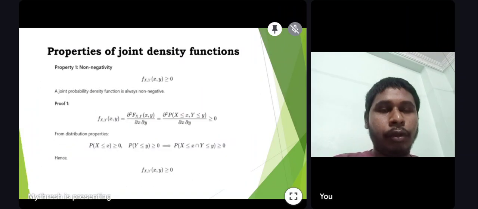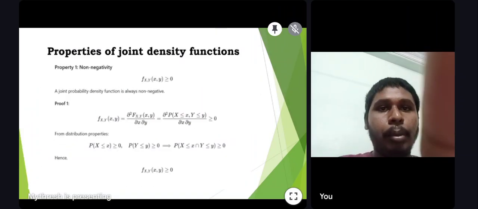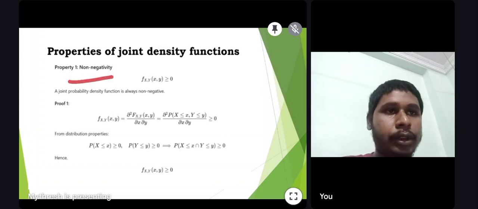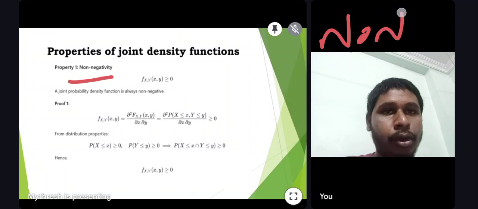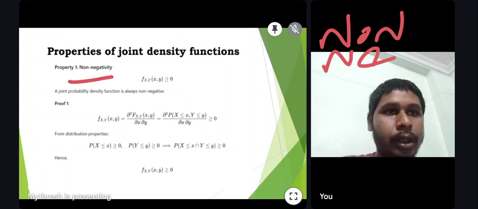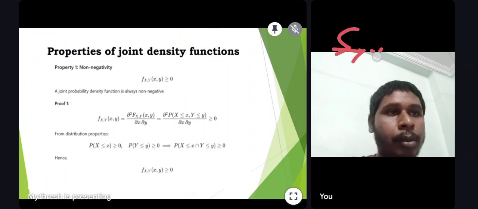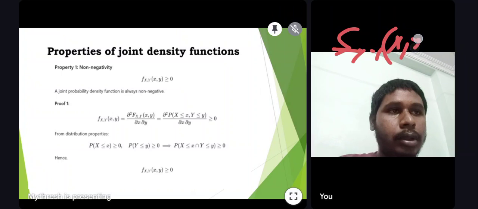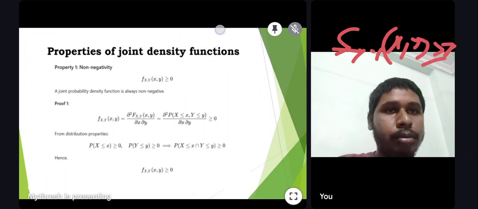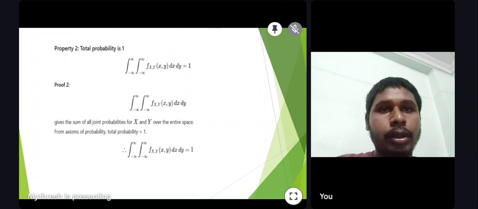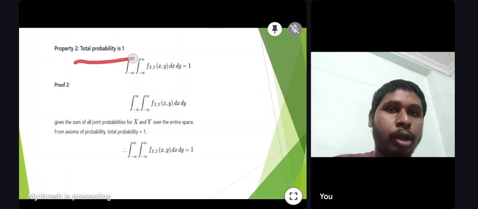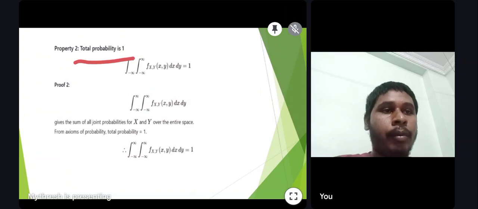So the first property we learned today is the property of non-negativity. So let me note the property of non-negativity. In similar terms, we can write it as f(x, y) greater than or equal to 0. The next property we learned is that the total probability is equal to 1, that is, the double integral from minus infinity to infinity of f(x, y) dx dy is equal to 1.